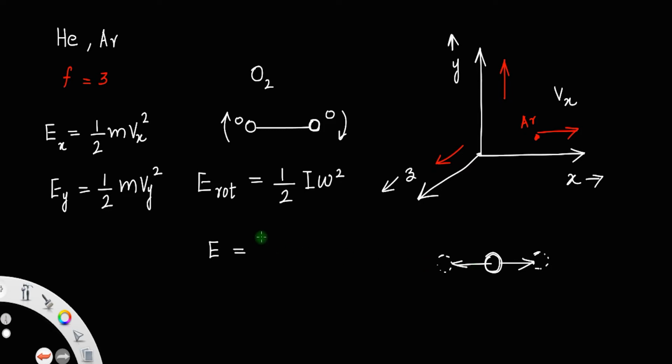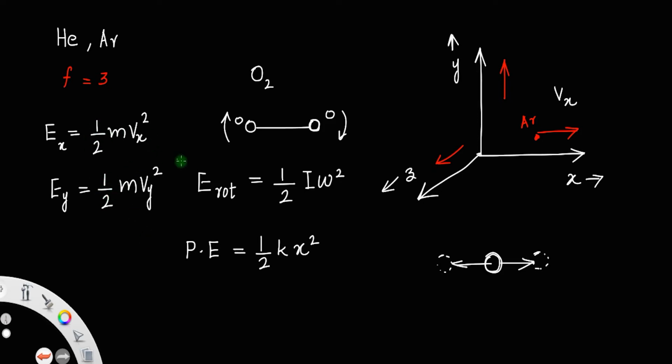That energy will be the potential energy equal to half kx square, where k is the spring constant. Now, these are the different energies associated with different molecules, either monoatomic, diatomic, etc.